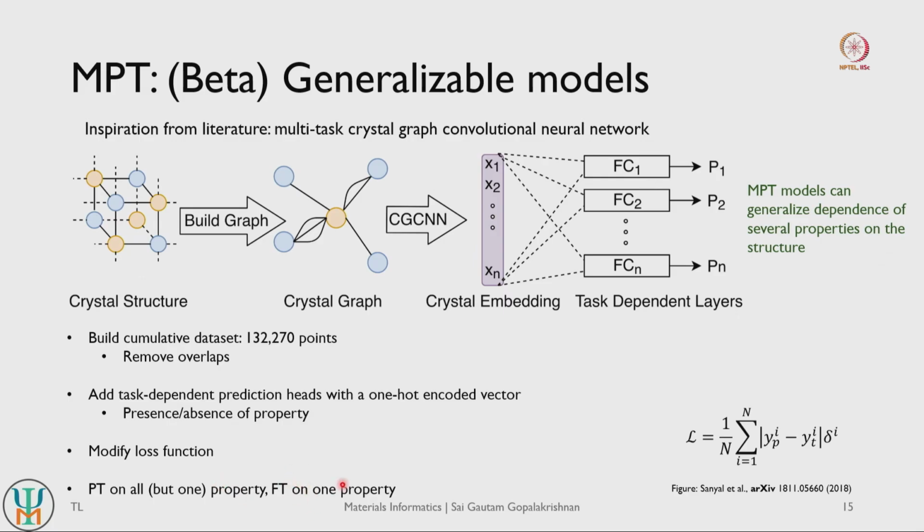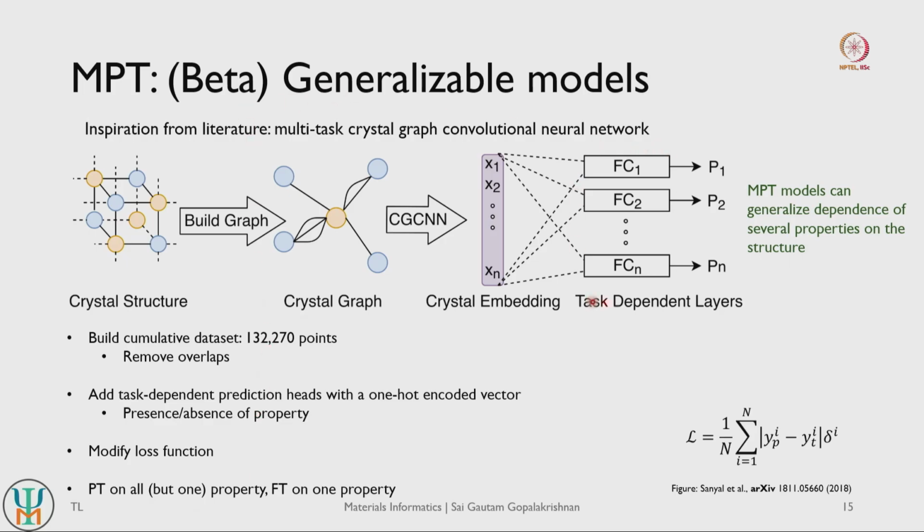So we have 7 different properties, so you can pre-train on 6 properties at one time and then fine-tune on the 7th property, and you can repeat this exercise for all the 7 different properties. So just like we get 7 scratch models, we get 7 different multi-property pre-trained models, and we have 42 different transfer learned models, right. Those are the kinds of models that we are going to compare, right.